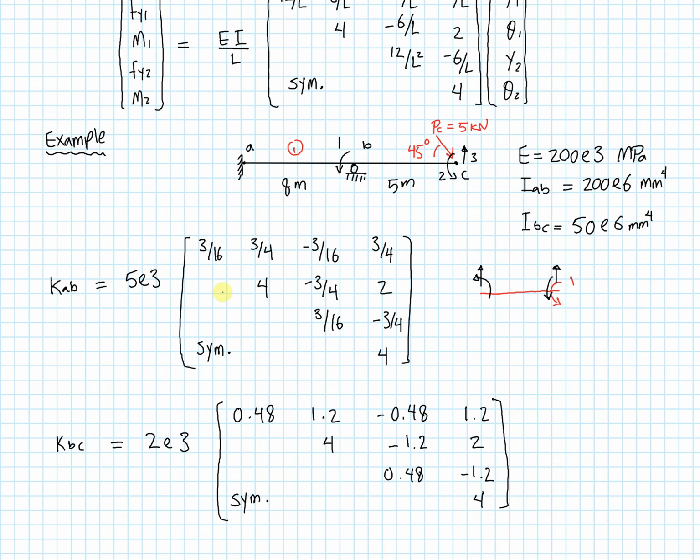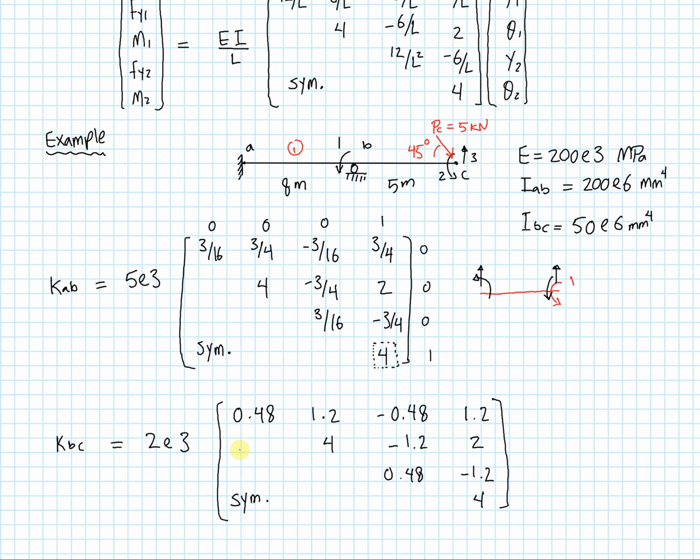So what I'm going to do is to put zeros where I have no overlaps and put the index for the global degree of freedom where I do have overlaps. So what I'll get is that the relevant component of this matrix is this value down here for the first element.